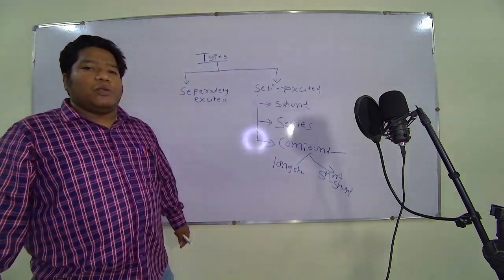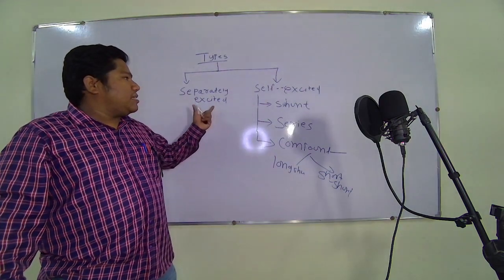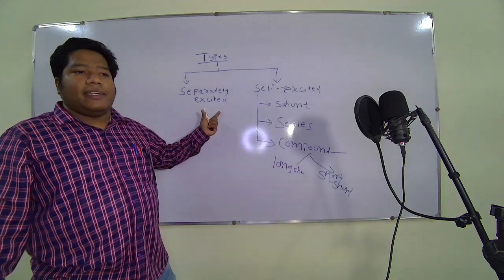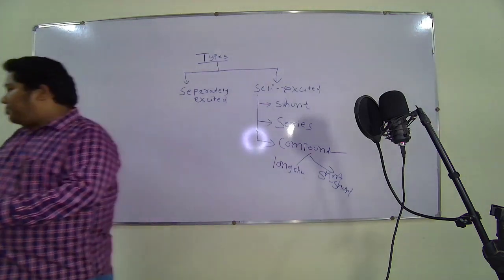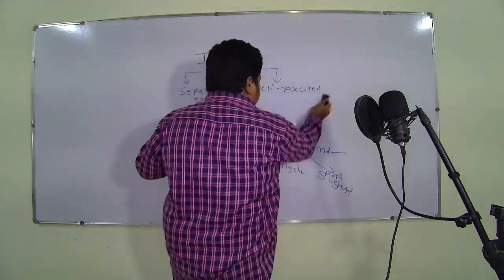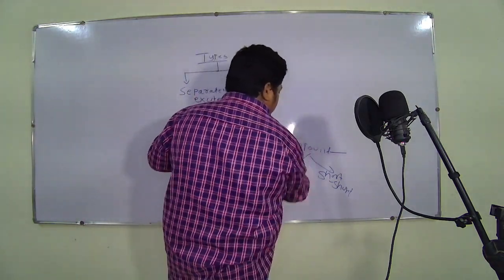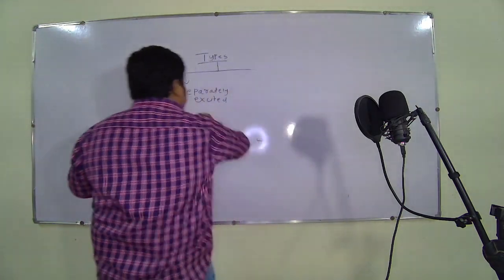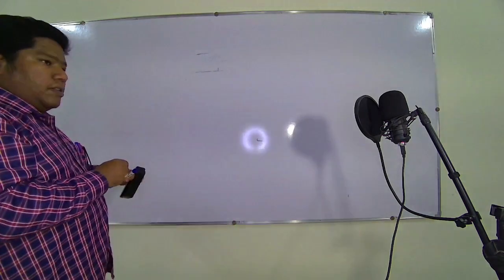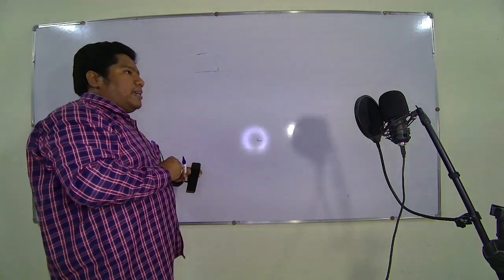Now we are going to see each of the classification separately. So we will start with separately excited DC machine.